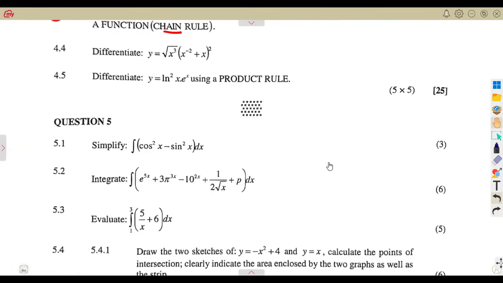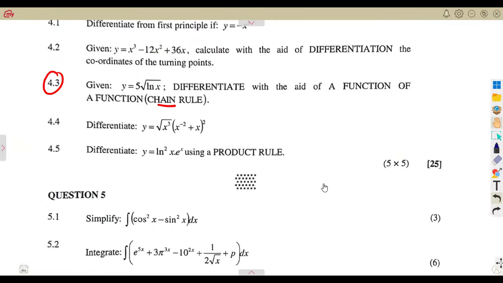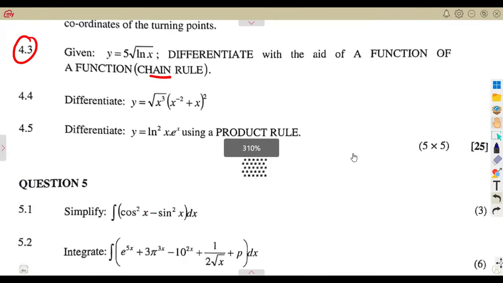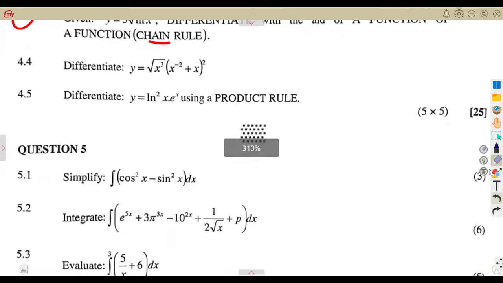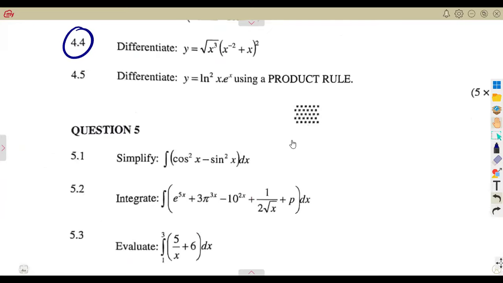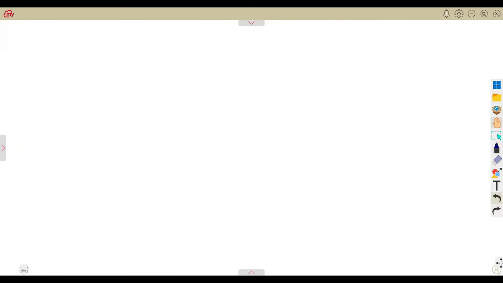So you just need to work with typical exam questions to be revised so that you see how they ask these questions and so on. On another part, they want you to differentiate this. How can we differentiate this whole part? Okay, that's 4.4. Let's see what we are given there.